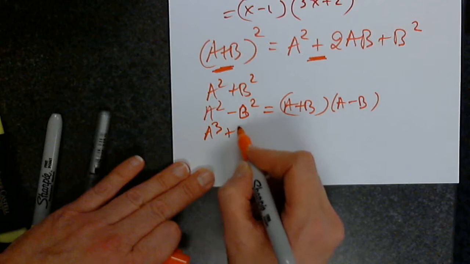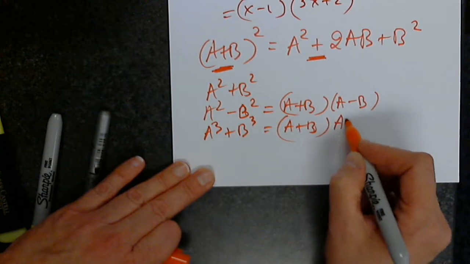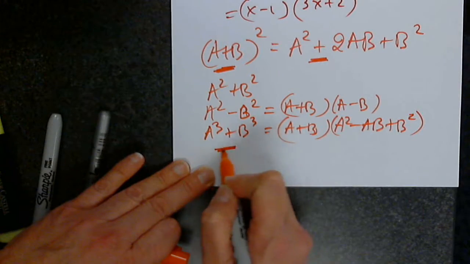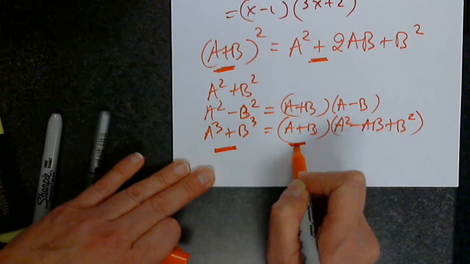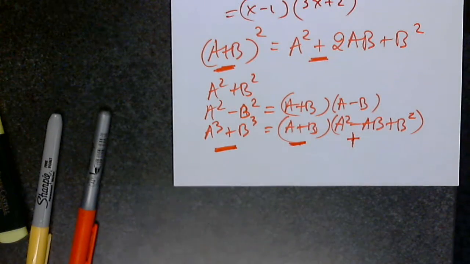And a cubed plus b cubed is a plus b times a squared minus ab plus b squared. And if I have minus here, I have minus here and plus here. You should remember them together, because then you will remember the sequence of signs.